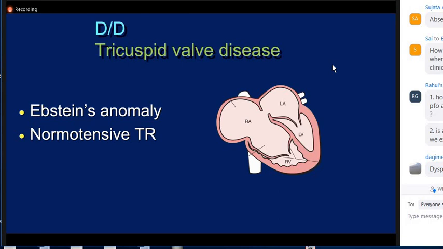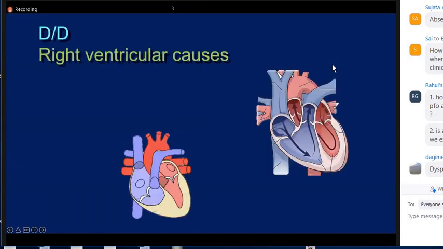I have not seen Ebstein's anomaly with a parasternal heave because it's a normotensive TR. You will have parasternal pulsations, a diffuse right ventricular apex, a split first heart sound, a split second heart sound, a non-ejection click, and a right ventricular MDM or S3 may be there. So this is how Ebstein's anomaly will present.